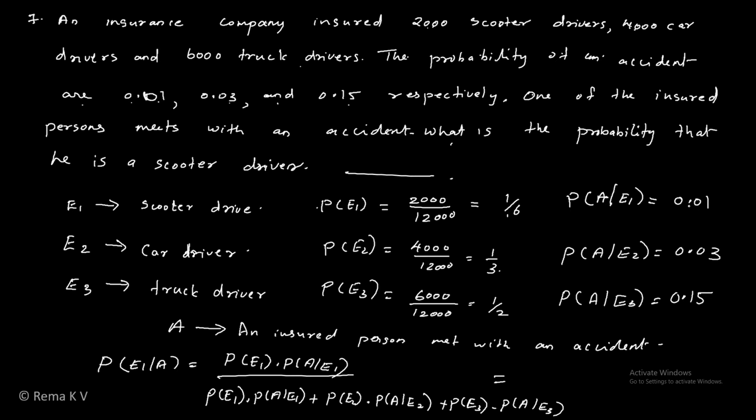One by 6 into 0.01 divided by 1 by 6 into 0.01 plus 1 by 3 into 0.03 plus 1 by 2 into 0.15.